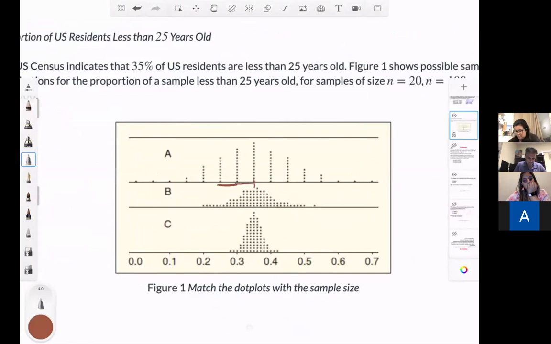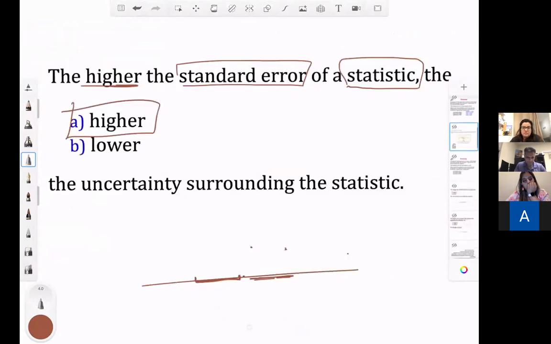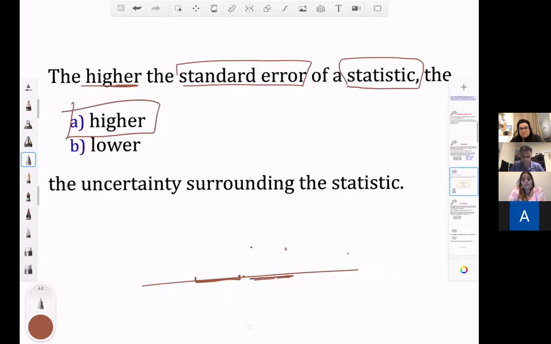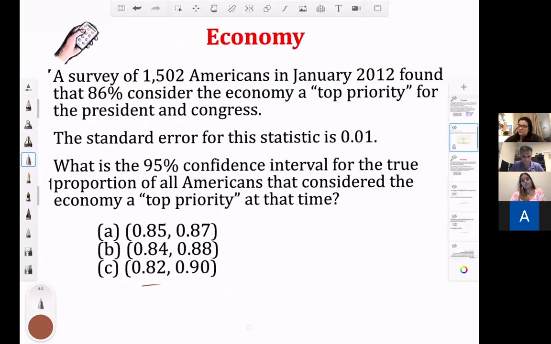Okay, that makes sense. So if you go back to it: the higher the standard error of a statistic, the higher the uncertainty surrounding the statistic. Does that make sense with this picture? Yeah, it kind of pieces together. It helps.